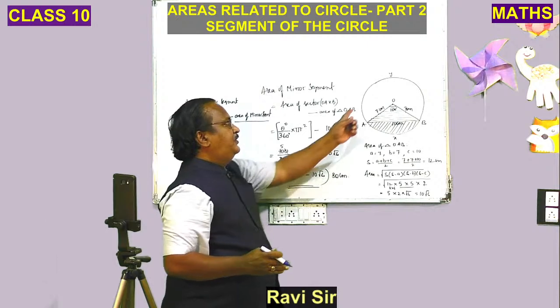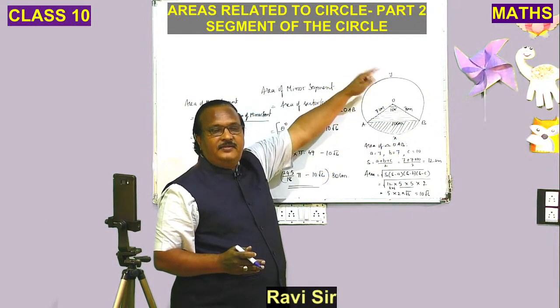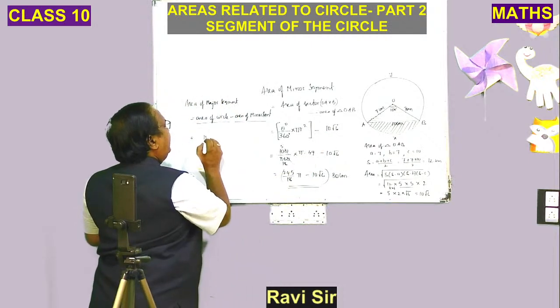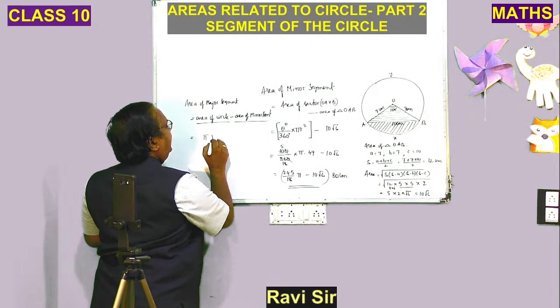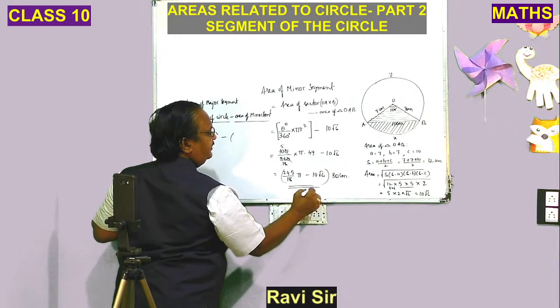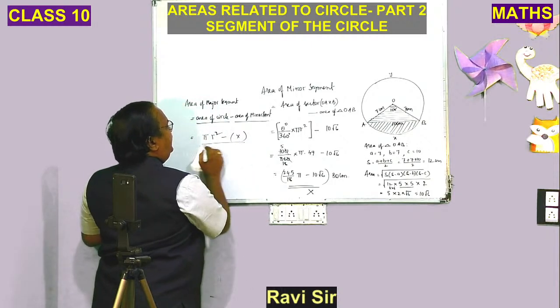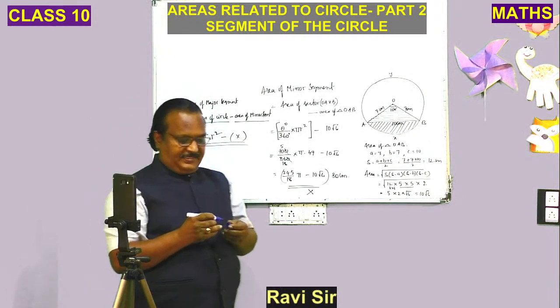So, whole circle minus the diagonal part is equal to the rest of the segment. So, pi r square minus, let us say this is x. So, x. This will be the area of the major segment.